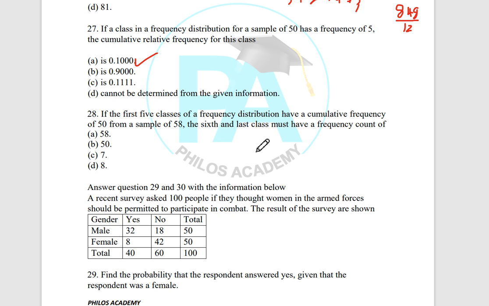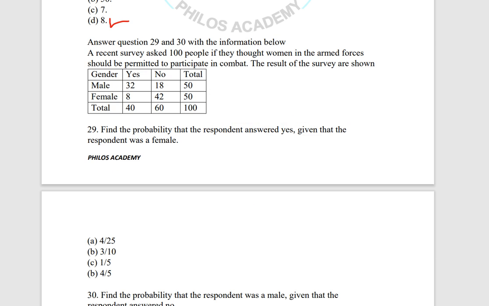If the general total is 58, then the last 2 classes should be 8. That's 58 minus 50. Okay, so the answer for this is D. Okay, so let's proceed to the next question.